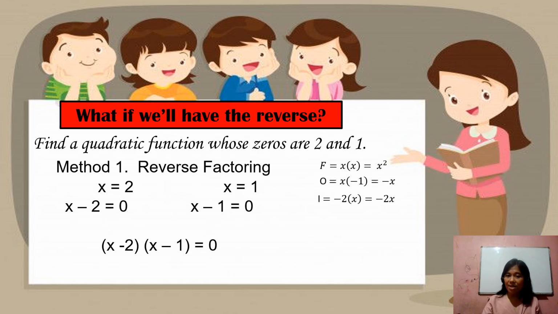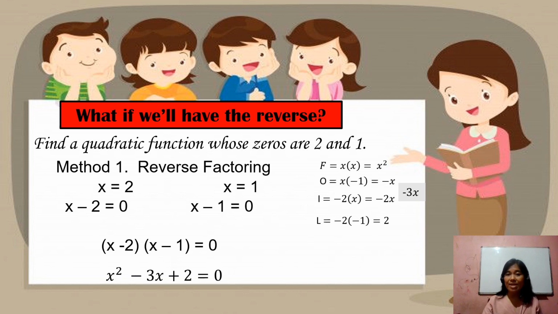Then we have inner terms negative 2 and x, so that's negative 2x. Then last terms, negative 2 and negative 1, is equal to 2. Now, let's combine the outer and inner terms because they are similar terms. So negative x and negative 2x is negative 3x. So we have the answer x squared minus 3x plus 2 equals 0.